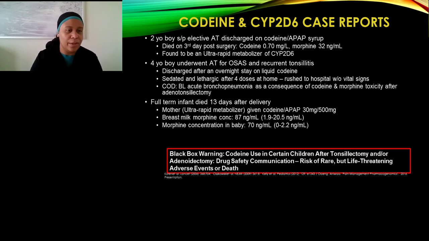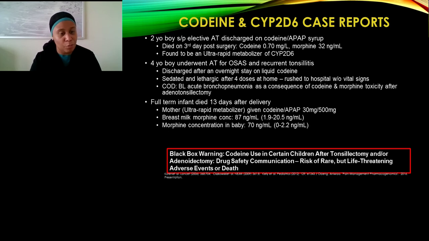Same with the 4-year-old boy that was discharged after an overnight stay and was sent home with liquid codeine, and they had morphine toxicity. Same with a full-term infant that died 13 days later because the mother was an ultra-rapid metabolizer that was given Tylenol number 3, which, when you look at the categories of breastfeeding, is appropriate for the mother, but what the mother passed into the milk, because she was a rapid metabolizer, was morphine.